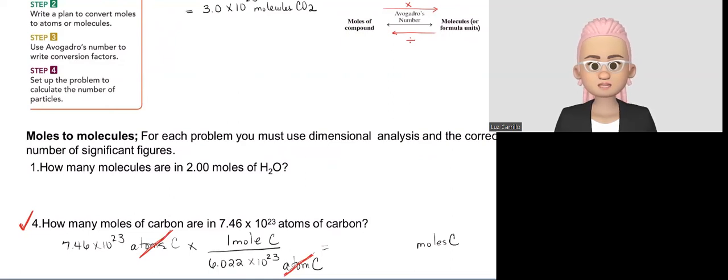So I need to round my calculator display to 3 sig figs because that's the coefficient given in my scientific notation for the measurement that is given. And when I round my calculator display to 3 significant figures, 1.24 moles of carbon is what is obtained. Make sure that you practice the other problem that you see on the slide.